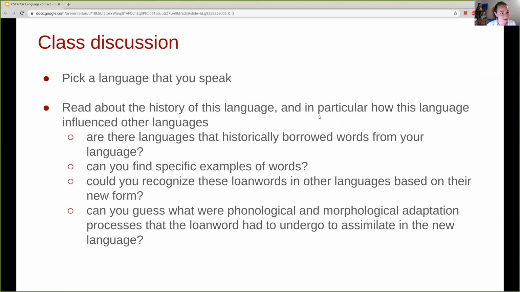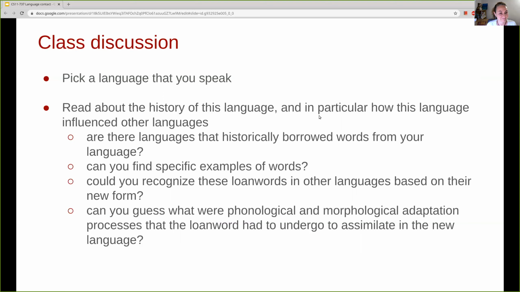For example, you can pick a language that you speak and read a little bit about the history of contact for this language. And in particular, try to see if this language influenced other languages. So can you learn about other languages that historically borrowed words from your language? And if yes, can you find specific examples of words?